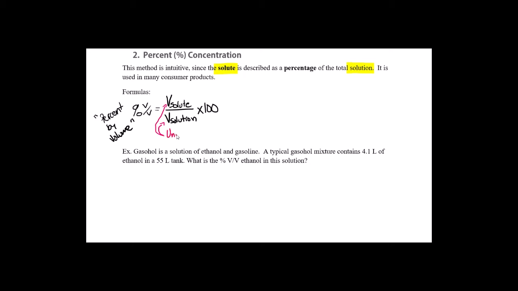So if you use milliliters, then you have to use milliliters for both. Or if you use liters, you have to use liters for both. You could use picoliters or megaliters if you want, but these are the most common two units that we'll use. And so this is what we would do if we measured my solute as a liquid and my solution as a liquid, and we're measuring them both by volume.